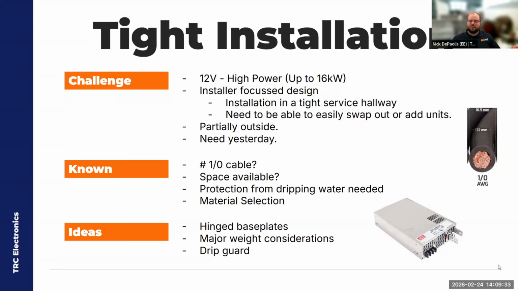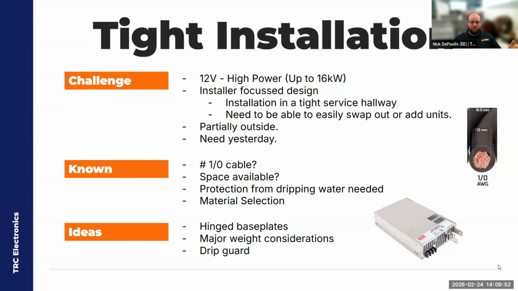Overall, based on the power and the voltage they had provided, we knew we were going to be using some large cable, specifically 1/0 cable. The dripping water presented its own level of risk. These power supplies don't do well when you have water on them.